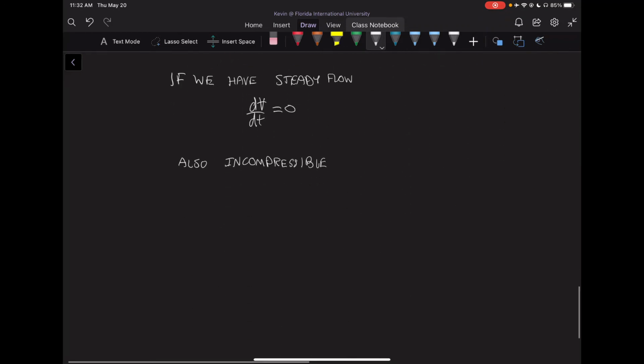We can write it as p2 minus p1 over rho because we can take rho essentially out of the integral, and then we just have the integral from 1 to 2 of dp, which is p2 minus p1.